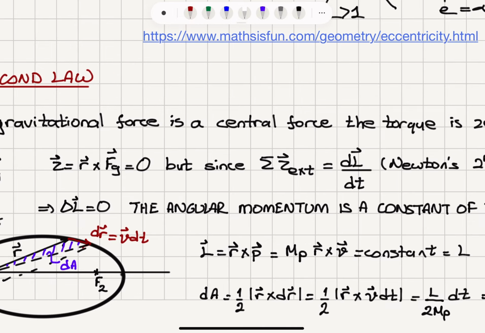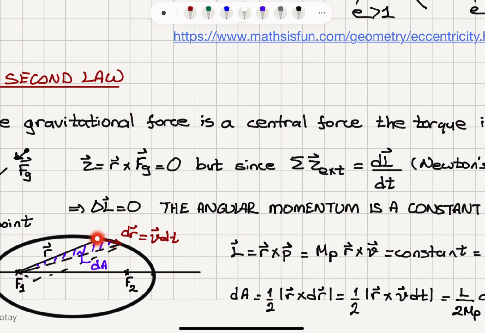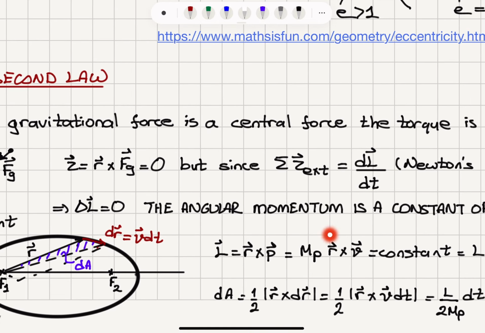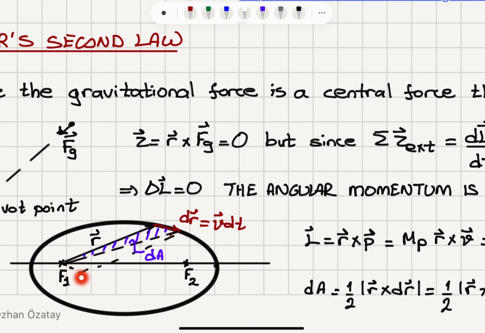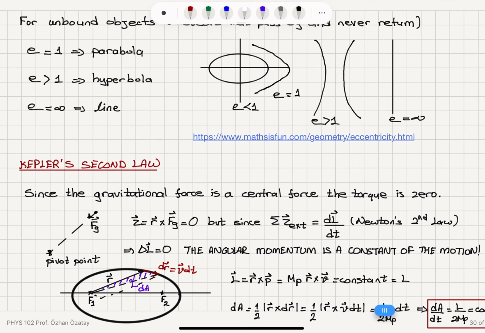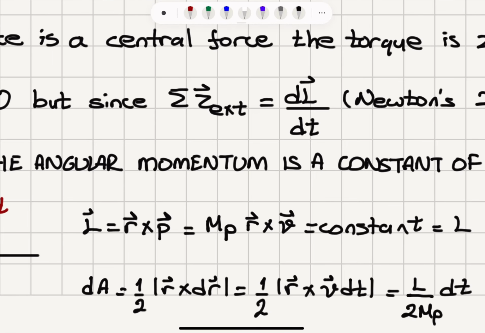Now, the angular momentum is r cross p, r cross mv. So that's the mass of the planet times r cross v, and this is a constant. Let's call this constant L. And what is this area? If you think about this parallelogram defined by this dr vector and r vector here, the area would be 1/2 the magnitude of r cross dr. That's how we can calculate this area spanned here. And the dr vector is v dt.